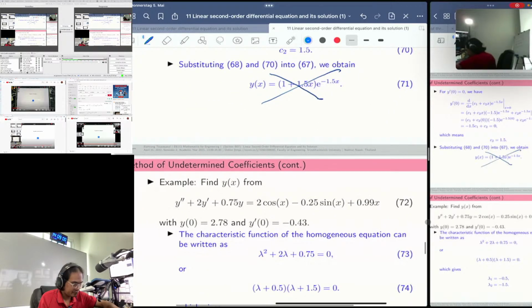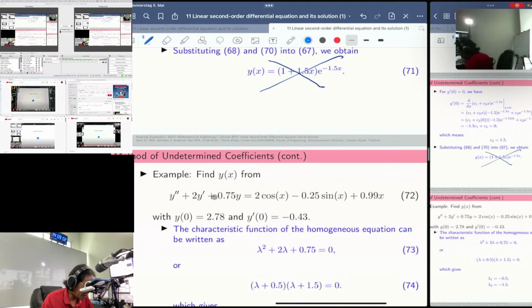This one: y double prime plus 2y prime plus 0.75y equal to 2 cosine x minus 0.25 sine x plus 0.99x. Okay, it's a combination of cosine and sine, and there is also an x term here.